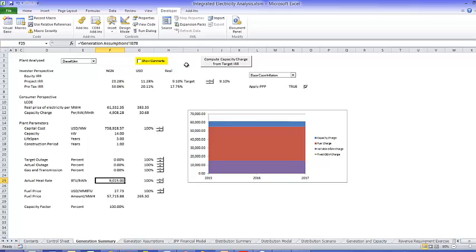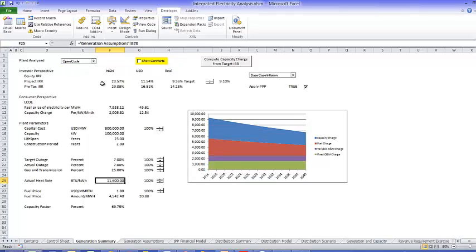Let's make this for an open cycle unit. What happens if we change the heat rate? What happens to the IRR? All right. Okay. That's what we've done.